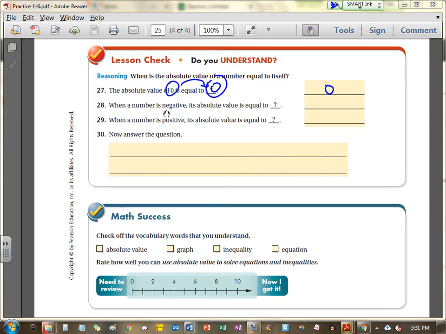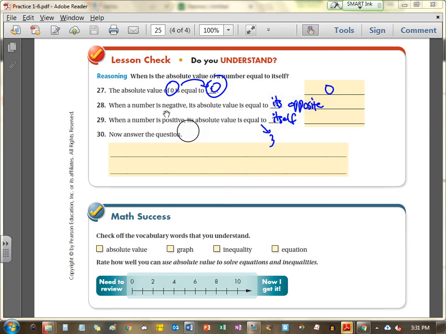When a number is negative, its absolute value is equal to its opposite. So for example, if the number is negative 3, like we said, the output is its opposite, positive 3. When a number is positive, the absolute value is equal to itself. Like we were saying, if you make your number 3, your distance is 3.